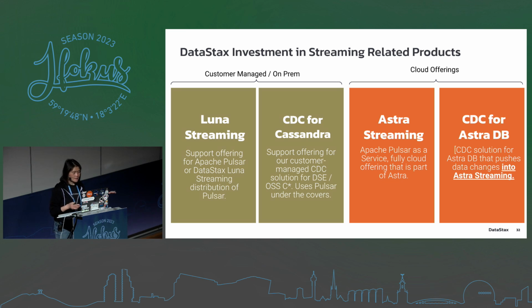On the left side, you manage your own cloud, and you can use our Luna Streaming. There's also CDC support for Cassandra in this case. And we offer CDC solutions for our customers for DataStax Enterprise, the non-cloud database platform, or the open source Cassandra. So that's what this is.